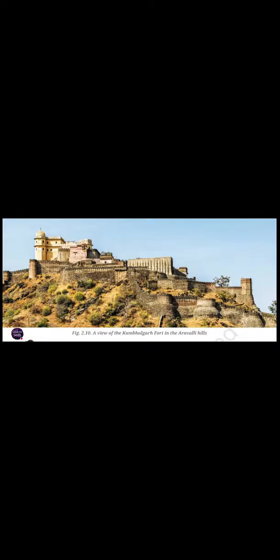This is because the location is at a tall height, which will prevent enemy attacks, and the soldiers of enemies cannot climb the wall because of its tallness.